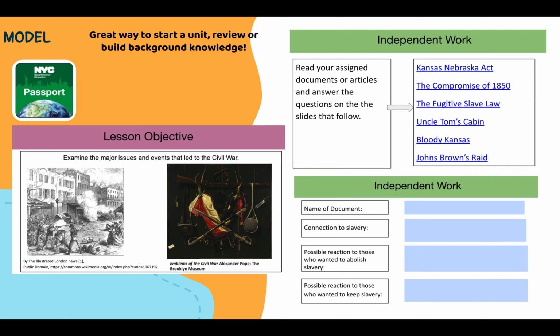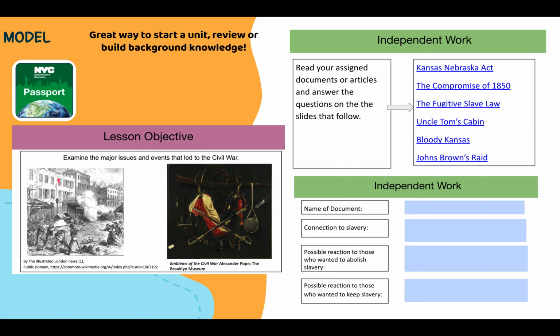One great opportunity that you have to apply the Cornell Notes strategy is Unit 1, Days 1 and 2 of Passport to Social Studies, where we're asked to analyze all these different resources and then indicate very specific pieces of information, depending on the resource that we use.